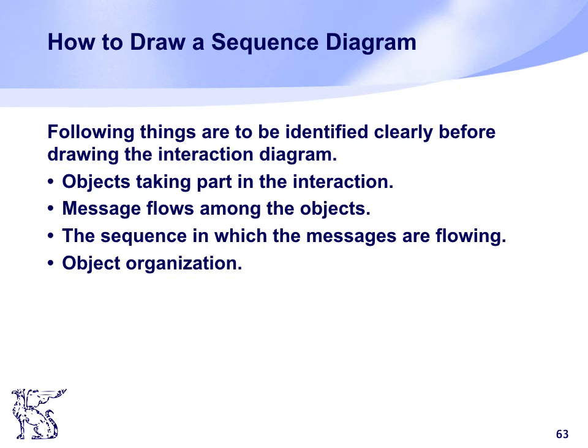The first thing is to find out which scenario you need to show, and then find out the objects, the message flows between those objects, the communication between them, and the sequence in which the messages are flowing. These are the things you have to focus on while drawing your sequence diagram.